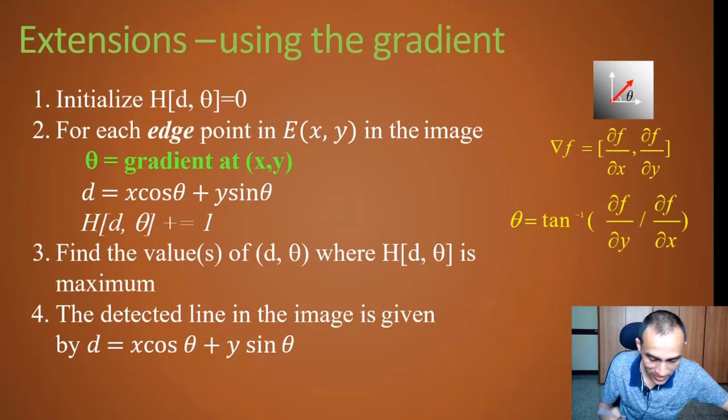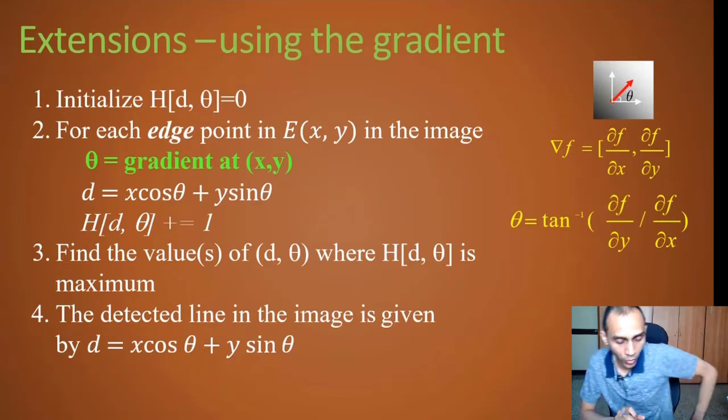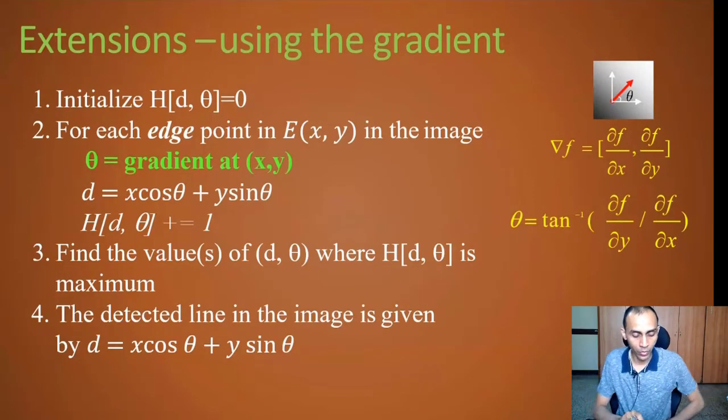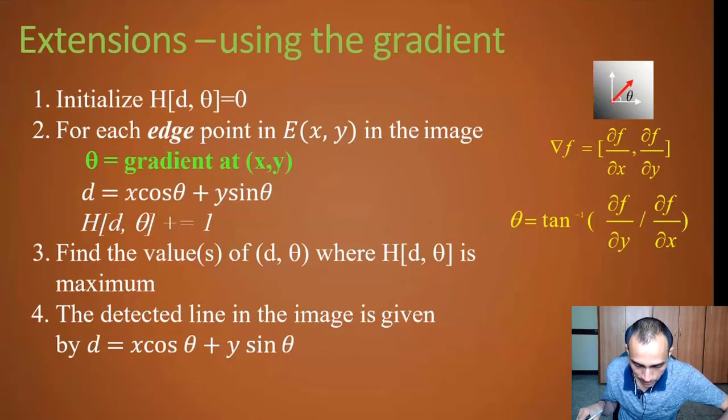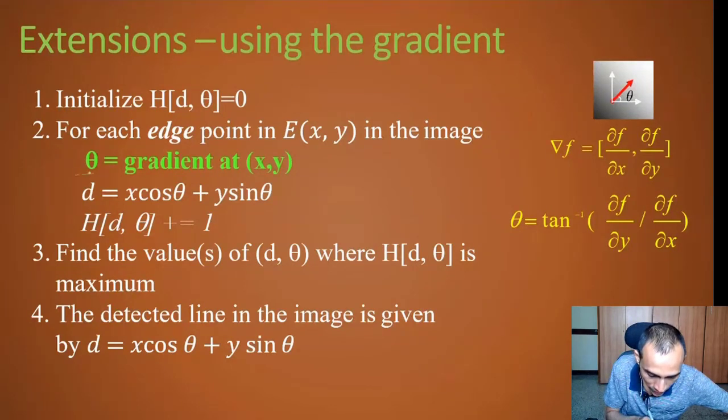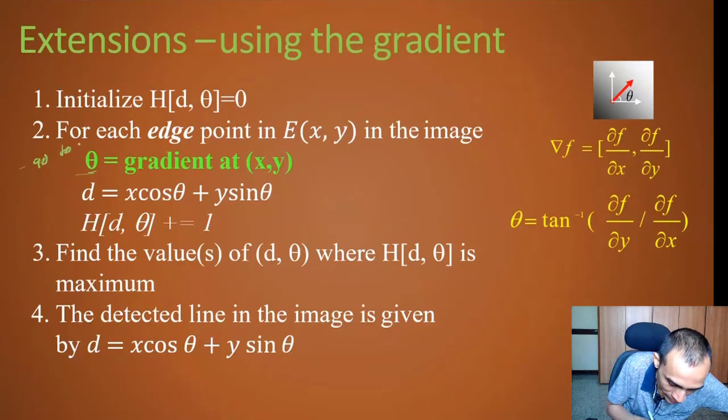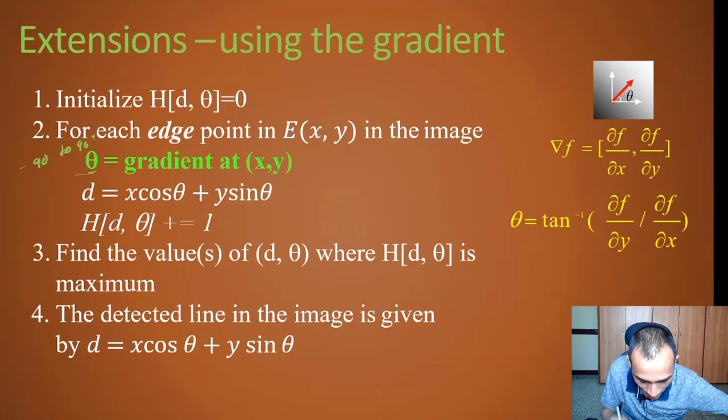There are some extensions that you can make to make it a little faster and more robust. We'll talk about some of the extensions later on, but one extension I'm going to talk about here. Most of the time, this is what people end up doing. Instead of varying theta from -90 to +90, because that is a little bit expensive, we can use some idea here.